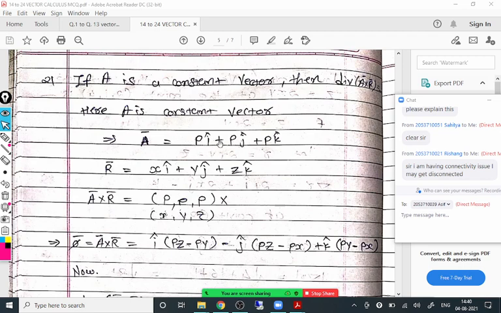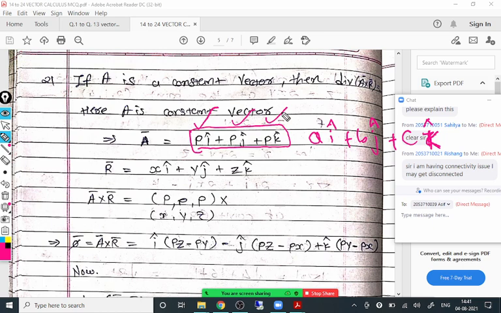So A bar is say Pi plus Pj plus Pk. Neil, remember, not necessarily all the components are the same. Whenever you have a constant vector, you should not take it like this. You take the constant vector as a i cap plus b j cap plus c k cap. Is it clear? Not necessarily all the components will be the same P. It can be a, b, c, or it can be p1, p2, p3 also.